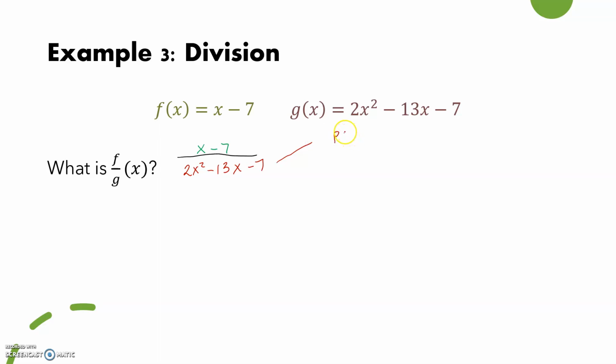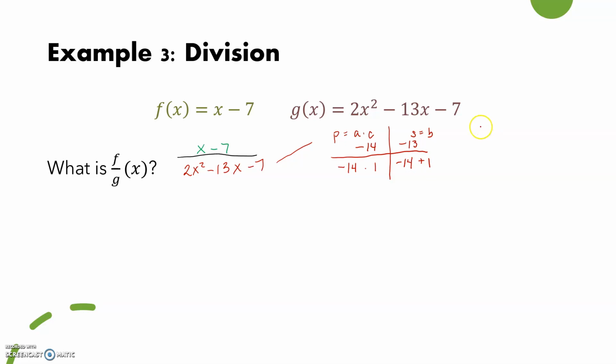If I go back to product, which is a times c, and sum, which is b, and I do a product sum on this, I would have negative 14 for a product, and the sum is negative 13. So if I use negative 14 and 1, that would multiply to be negative 14, and it would add to be negative 13. So that's what I will use.